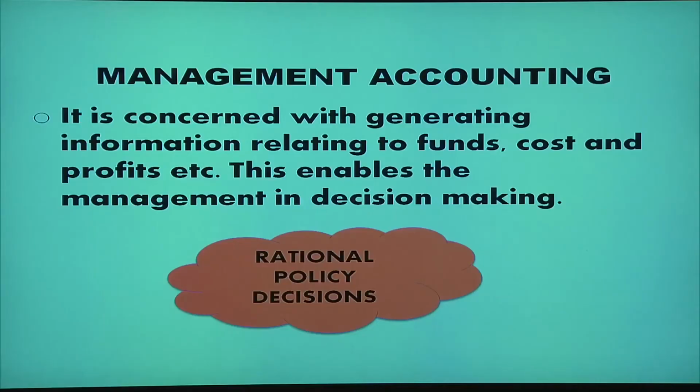So, cost accounting helps in decision making process also. Next comes the management accounting. It is concerned with generating information relating to funds, cost and profit. This enables the management in decision making. Management accounting helps the managers in taking rational policy decisions.